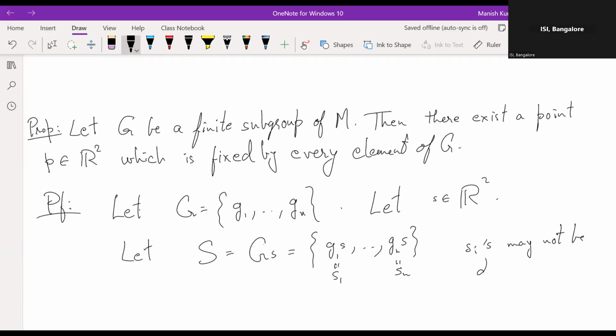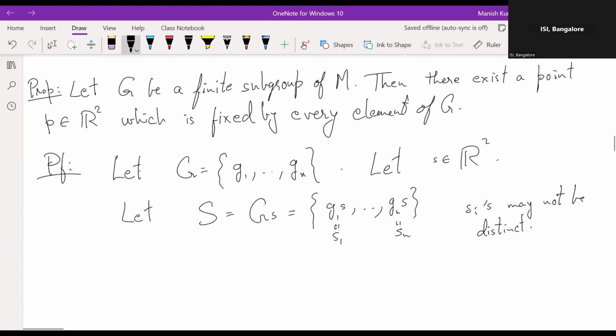Calling GiS as Si, it may happen that S1 and S2 are the same. But the point is G acts on S. This part is okay, right?